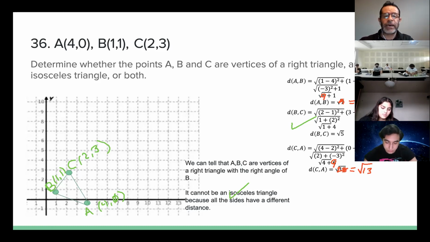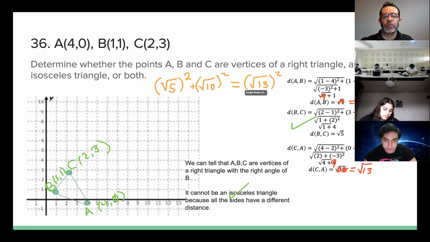So this means that the square root of 5 squared plus the square root of 10 squared would have to be equal to the square root of 13 squared. And this is equal to 5 plus 10, and this is 13. Is that equal?